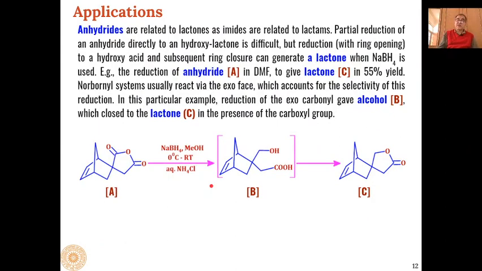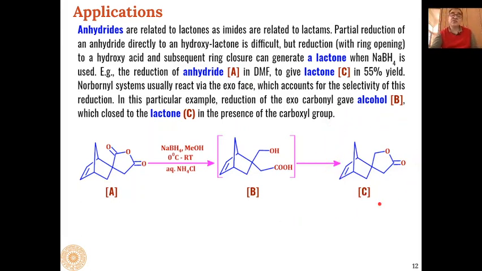Similarly, anhydrides are similar to lactones or amides. Lactones do not have this additional carbonyl, whereas in an anhydride we have an additional carbonyl group present. So partial reduction of anhydrides can take place in the presence of sodium borohydride, and they can ultimately be converted into lactones.